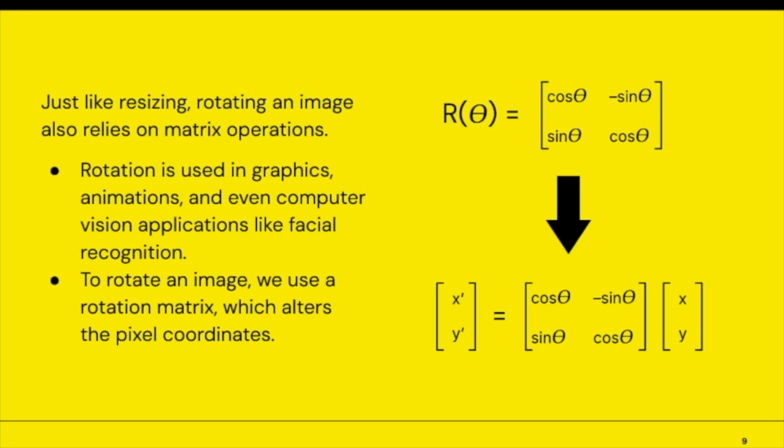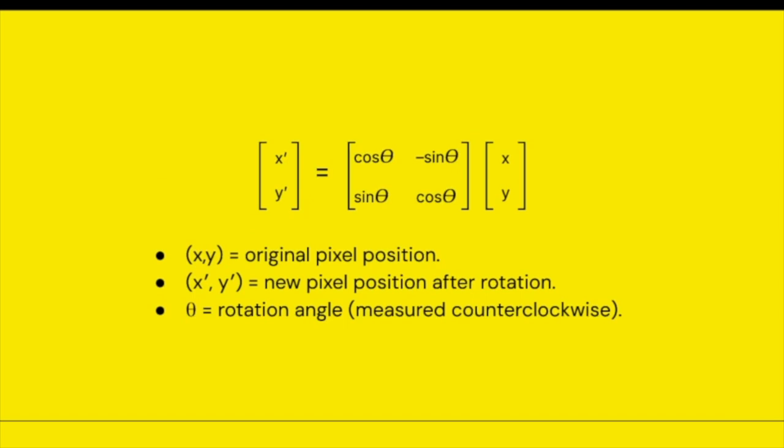cosine theta. So when rotating an image, each pixel's coordinates change according to the transformation matrix. And this matrix multiplies each pixel's coordinate vector. So given an example, just amplifying what we have written on the bottom right of the previous slide, x and y are our original pixel position.